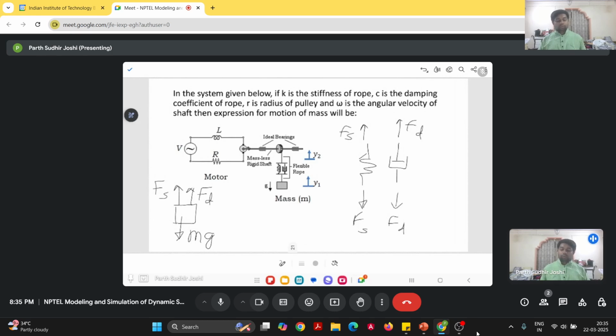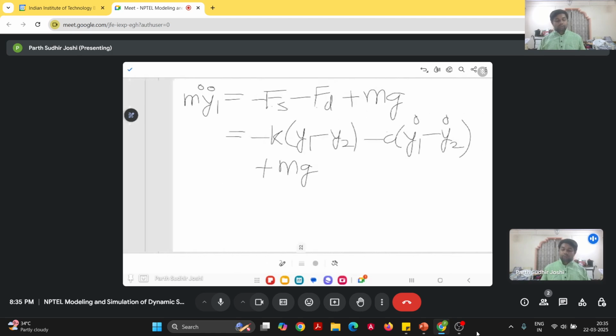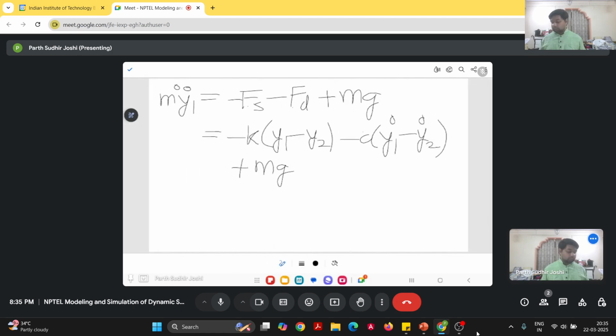So now further, if we want to derive the expression for the net torque acting on the pulley, let us say T is the torque provided by the electric motor, and then the spring force and the damping force will again provide the resisting torque.